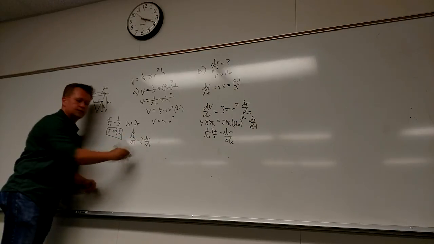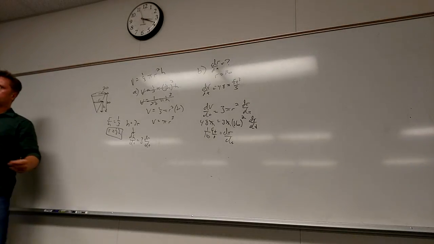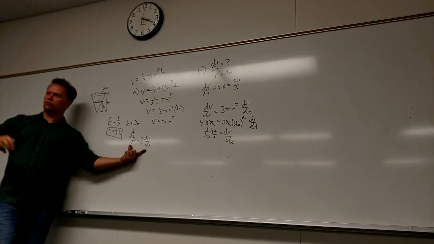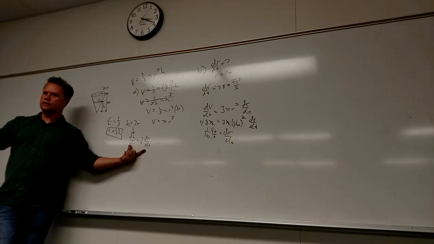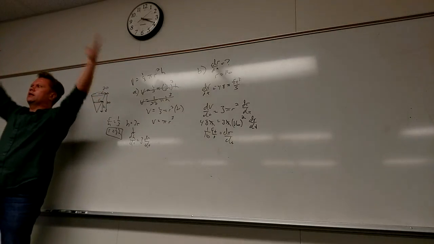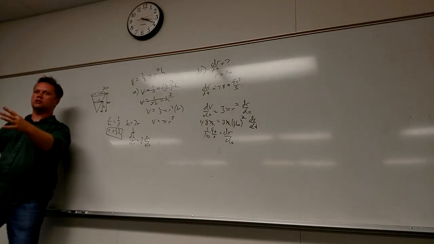Do you guys see that? I love to show you this example. Any relationship that is true, if I take the derivative, I get a true relationship between the rates of change of those things. That's the basic idea behind this. This is why I construct a formula that describes everything, and then I take derivatives, because now that's true also. That's how the rates are related to each other.